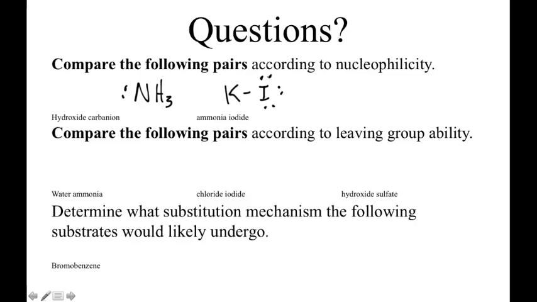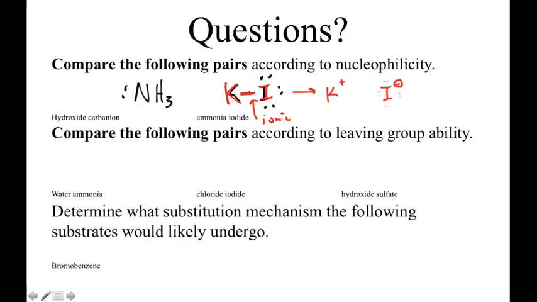Okay, a little bit trickier. They both have lone pairs, and that negative charge isn't obvious, except what is special about that bond between the potassium and the iodine? Well, potassium is a metal, iodine is a nonmetal, which means that bond is ionic, which means when I see potassium iodide, it's not really potassium iodide, it's K plus and I minus.